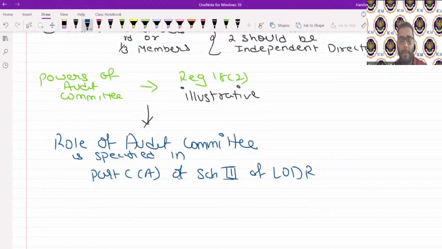Roles of Audit Committee. Now, when I say role, what is the role? Role means what are the functions of Audit Committee? What is Audit Committee required to do? You need to understand that, then only you can say whether the conditions of corporate governance are complied or not. So, what is the role? Pretty simple.